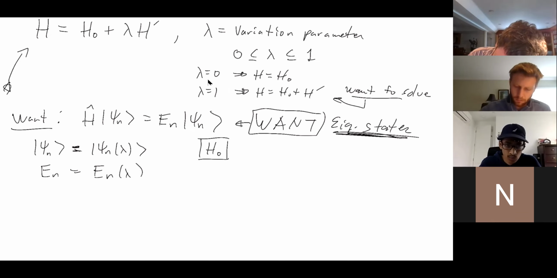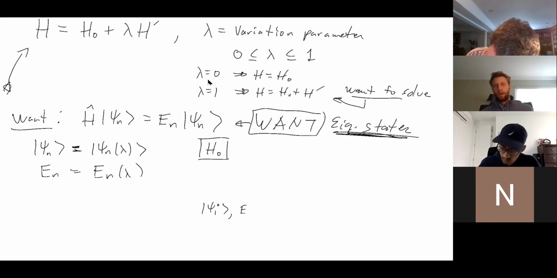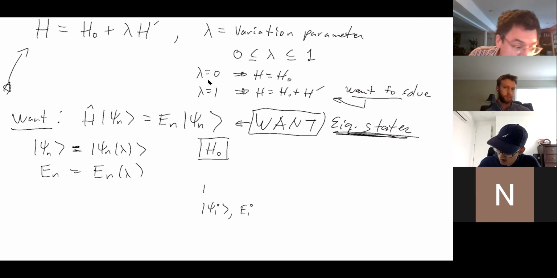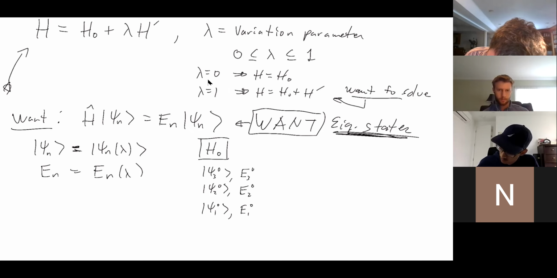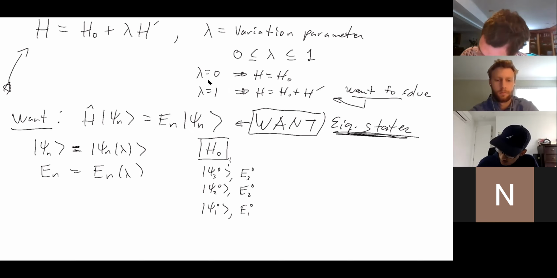I'm going to have psi 1 naught with energy E1 naught, my eigenstate psi 2 naught with energy E2 naught, and my eigenstate psi 3 naught with energy E3 naught, etc. Those are all my known eigenstates.